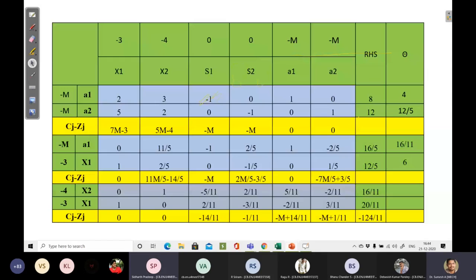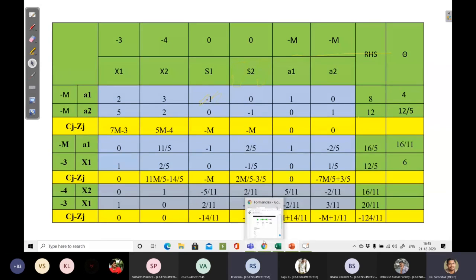Is this the end of the solution? Does the problem terminate here?